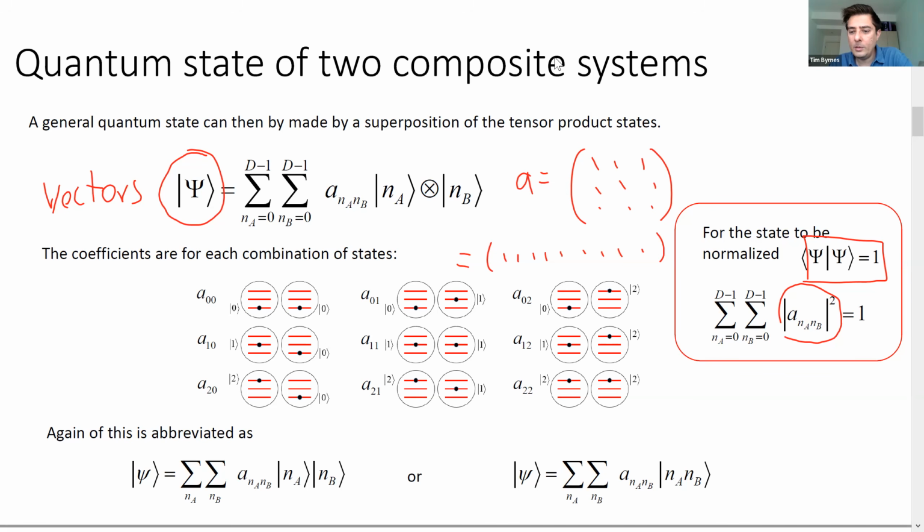But again, we can consider this double sum as a vector, because it's just a way of labeling 9 different elements. So there are d squared elements here, and it's just a sum over these d squared elements. It's the same story as before: you add the modulus squared of each of these elements together, and they should all add up to 1.